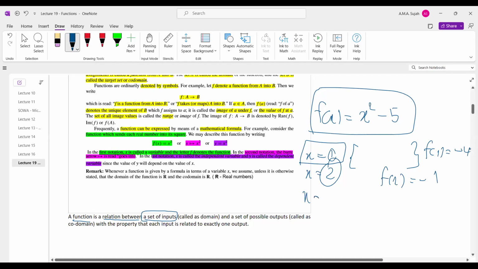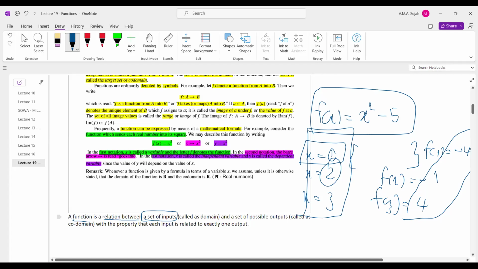If I put x is equal to 3, f of 3 is equal to 3 to the power 2, 9, minus 5, 4. So if 1, 2, 3 are inputs, we have some output values, and that is also a set. So a function means a relationship between the set of inputs and outputs.